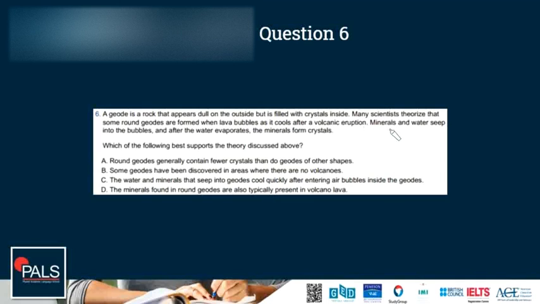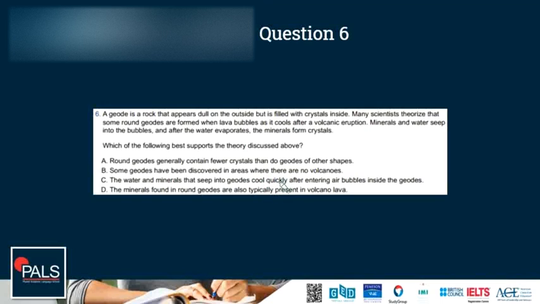If we look at the last sentence here, it says minerals and water seep into the bubbles, and after the water evaporates, the minerals form crystals. So as well, if C was true and the water was cooling quickly, that would mean that the water would probably not evaporate, because cold water evaporates much slower than hot water, and the water would probably stay within the geode.